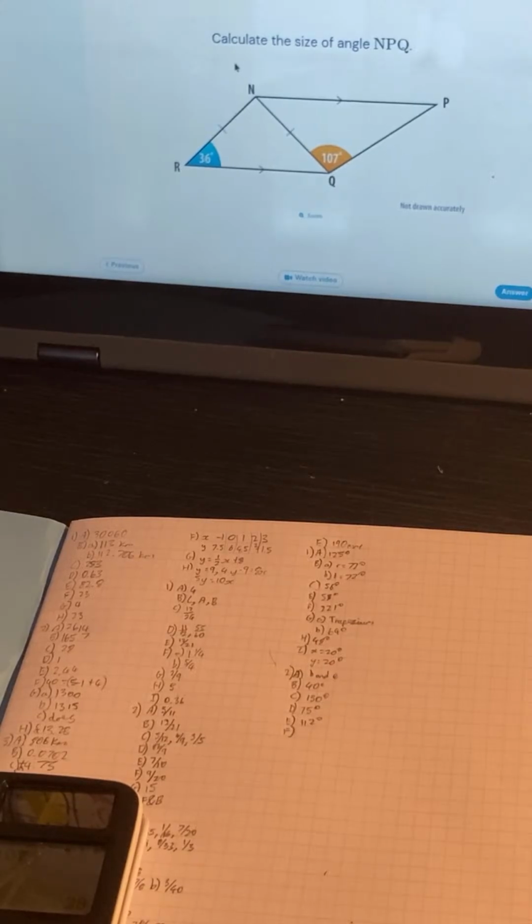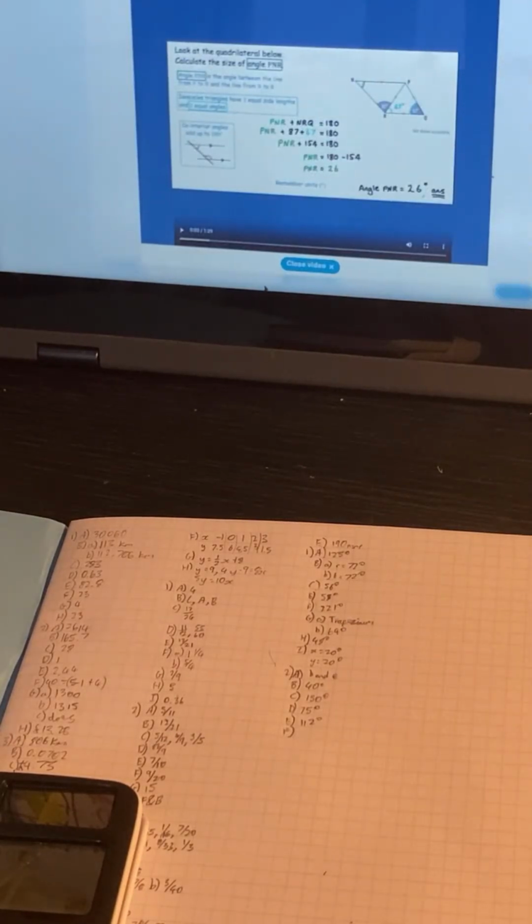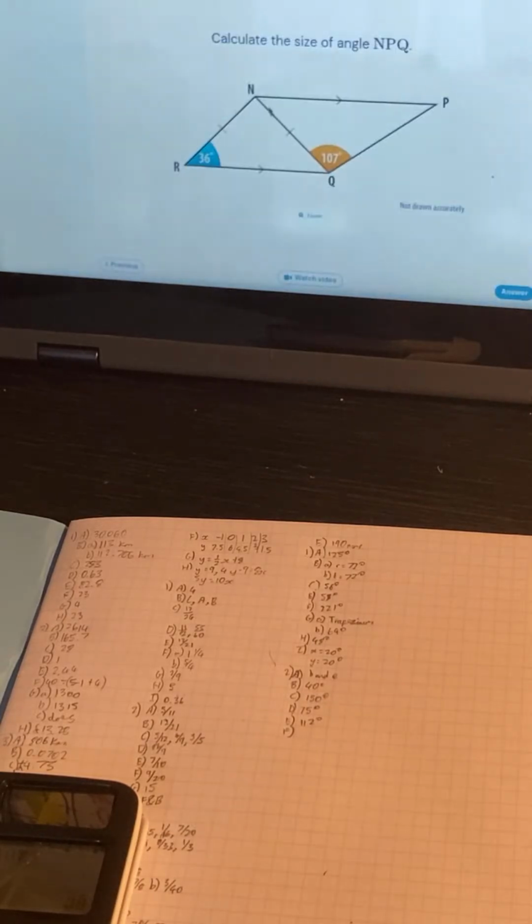Right, so we draw a line here. Figure out that angle. So, co-interior angles.